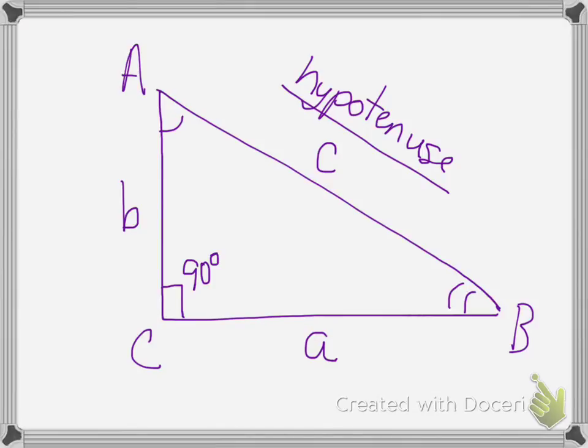So what that looks like in equation form is that A squared, or A times A, plus B squared, the sum of those is equal to the hypotenuse squared. So A squared plus B squared equals C squared. What that means is that if I know any two sides, it doesn't matter which two, I can find the third by writing an equation and solving it.